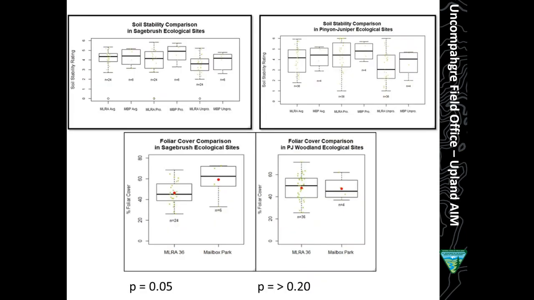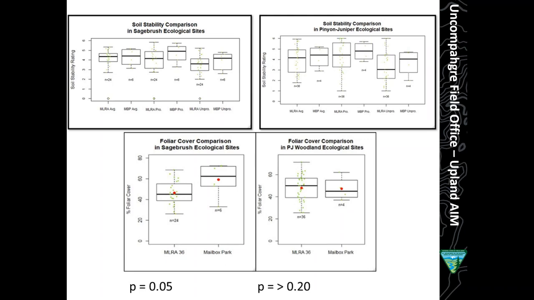We do this for soil stability. Again, in sagebrush sites and pinyon juniper sites, we can see that the MBP, which is Mailbox Park, actually appears to have slightly better soil stability values than similar ecological sites within MLRA 36 for both sagebrush and pinyon juniper ecological sites.